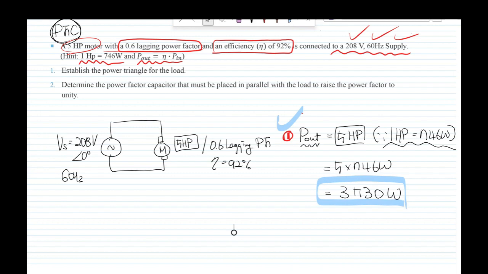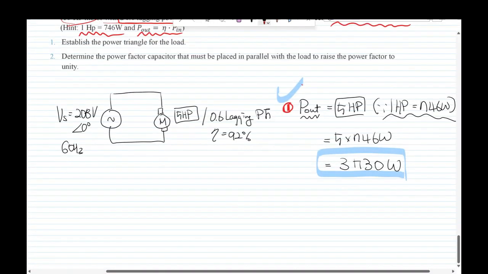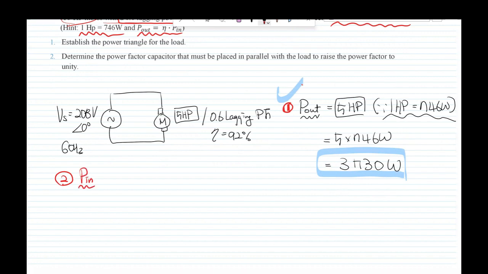The second question is, what is the input power? The input power is related to the efficiency, right?